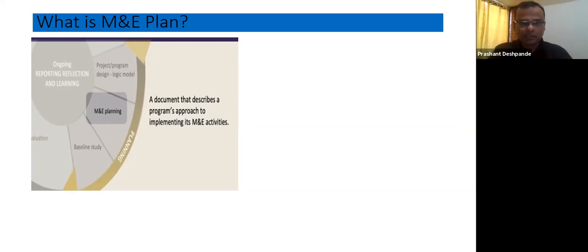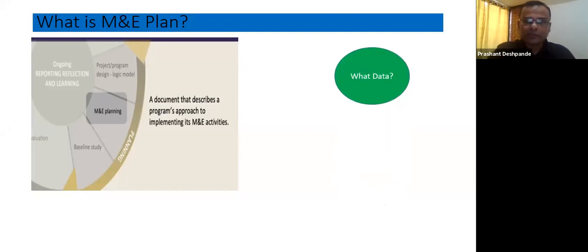It will give us clues on that, because that document has to be reviewed systematically. And at the end, whatever results we determined in the beginning, whether those have been achieved or not, the monitoring and evaluation plan will be able to tell.